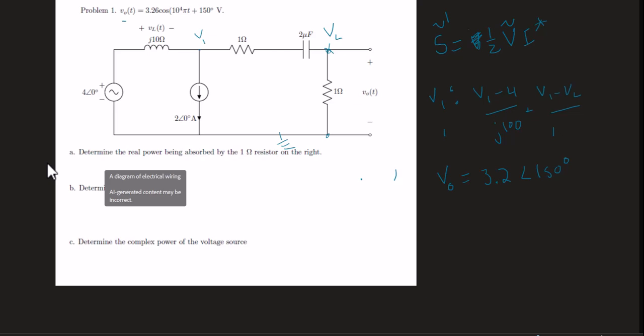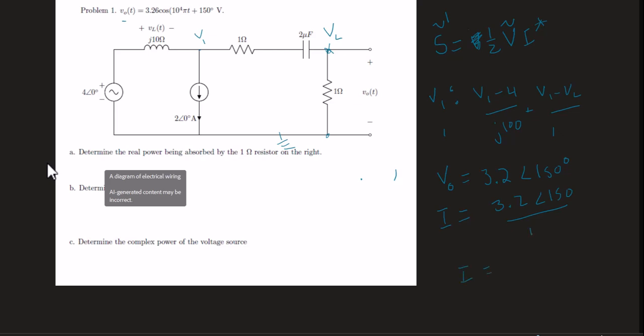Can we find the current easily enough? Sure. The current is just going to be the voltage divided by the impedance, which here is just a resistor. So 3.2 angle 150 over 1.